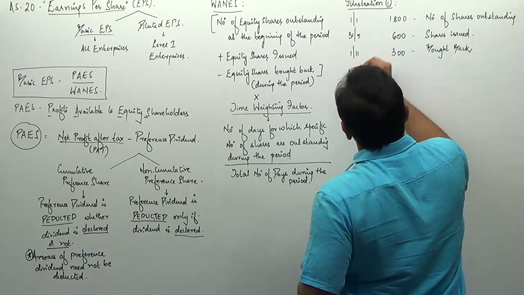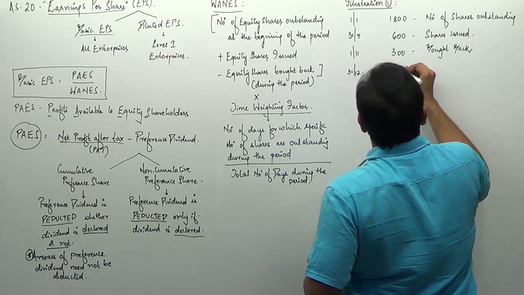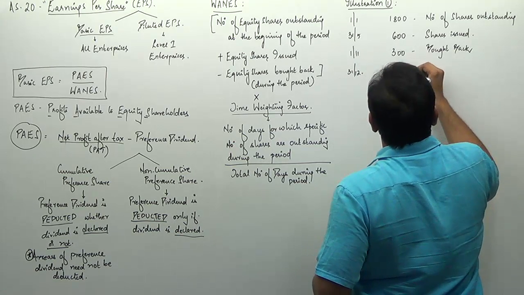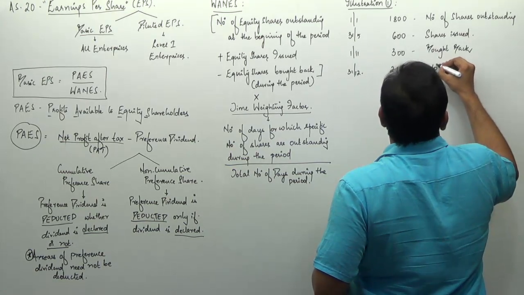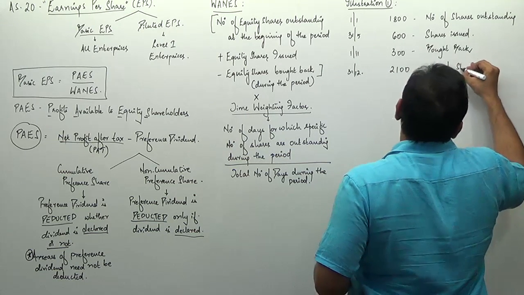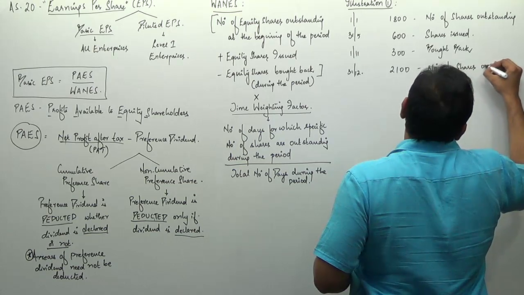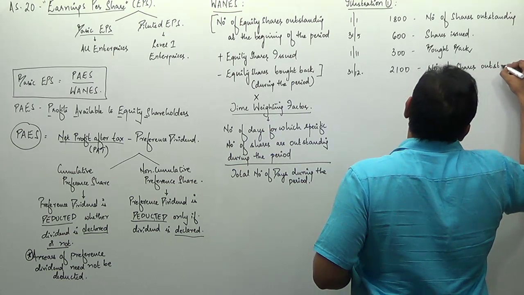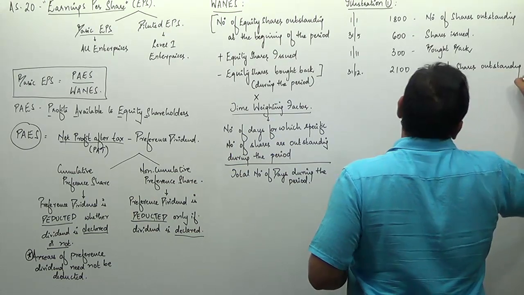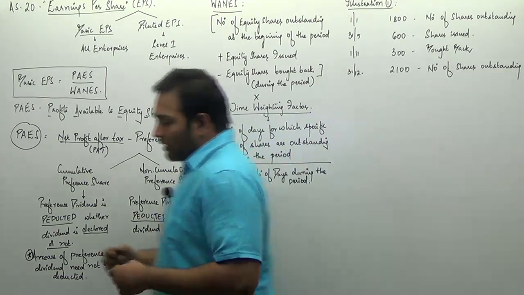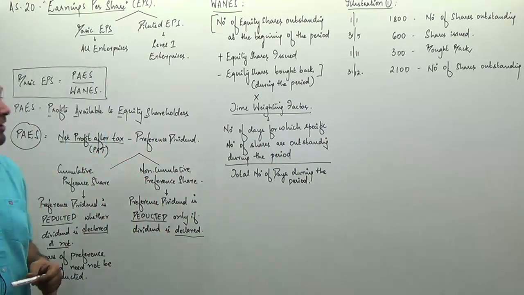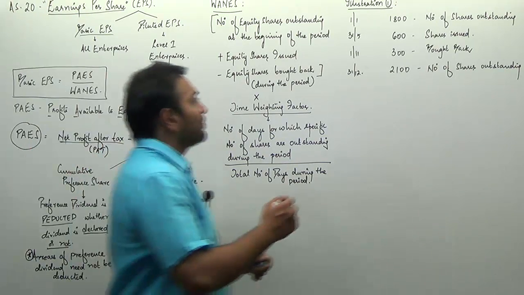And ultimately on 31st December, that is the end of the financial year, I was left with 2,100 shares outstanding. I am giving you the information for the number of shares outstanding at the beginning of the period, the number of shares issued during the period, number of shares bought back, and the number of shares outstanding at the end of the period.